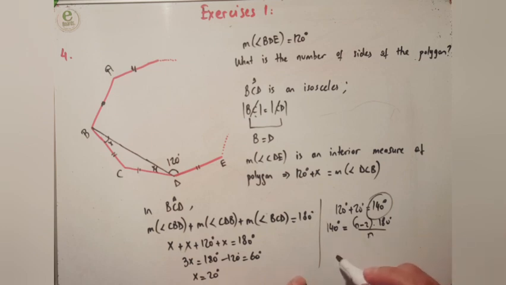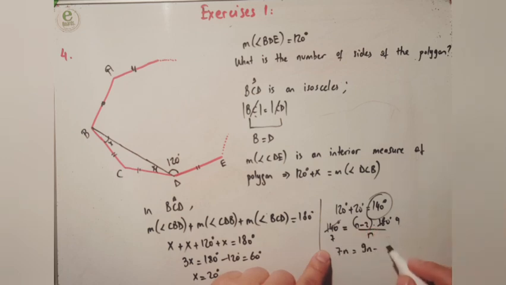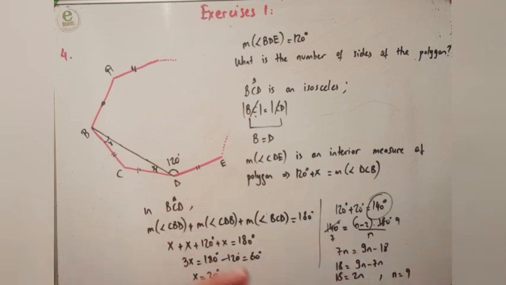We can simplify by 20: 7 over 9. 7 times n is equal to 9 times (n minus 2), which is 9n minus 18. Bring it over. 18 is equal to 9n minus 7n. 18 is equal to 2n. So we will have n is 9. So we can say we have a regular polygon with 9 sides.